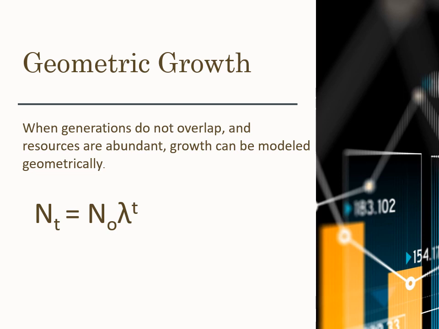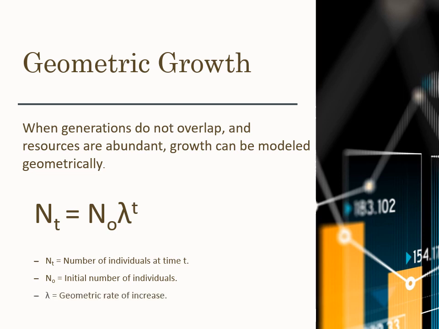And so we're finding that the population size at a given time is equal to the population that you started with. So the number of individuals at a time equals the initial number of individuals, and then we were multiplying that by the geometric rate of increase, which is lambda.